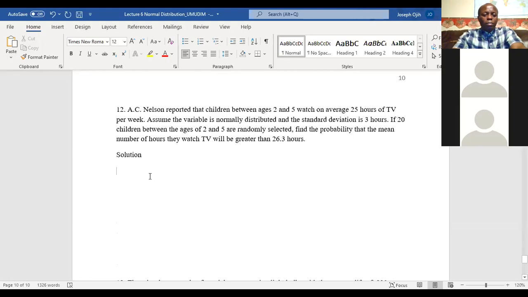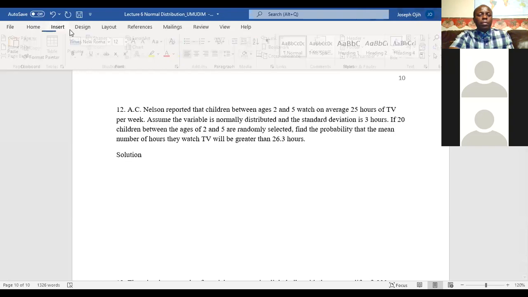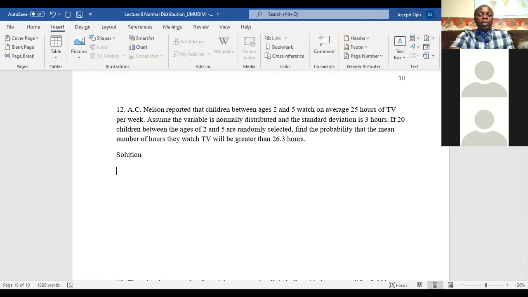As the solution, Nielsen reported that children between age 2 to 5 watch on average 25 hours of TV. So this will be the population mean: of all the children that watch TV, the average time spent watching TV is 25 hours. The standard deviation is 3 hours.